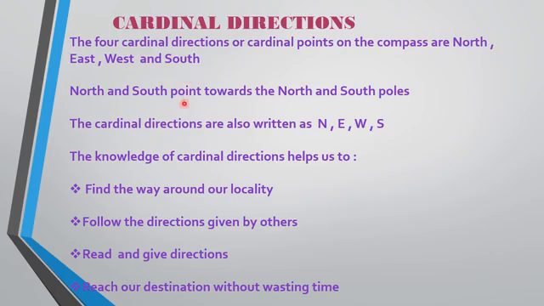North and south point towards the north and south poles, children. The cardinal directions are also written as NEWS. We can easily remember the directions as NEWS. North, east, west and south.